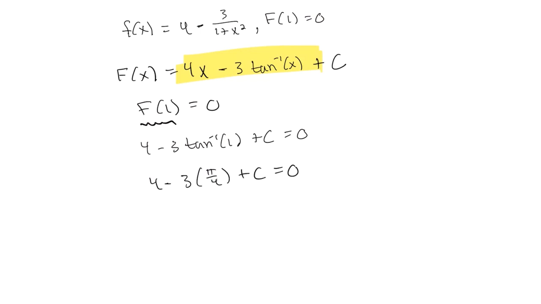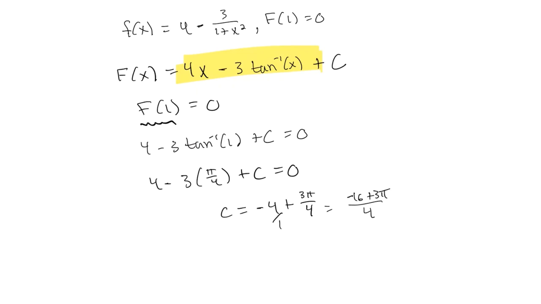So this allows me now to solve for c. Find the value of c that meets the condition that my antiderivative passes through the point (1, 0). So I'll go ahead and subtract the 4 over, add the 3 pi over 4 over, and I could get a common denominator here. So what's that going to be? Common denominator 4. I'm going to have negative 16 plus 3 pi, over 4.